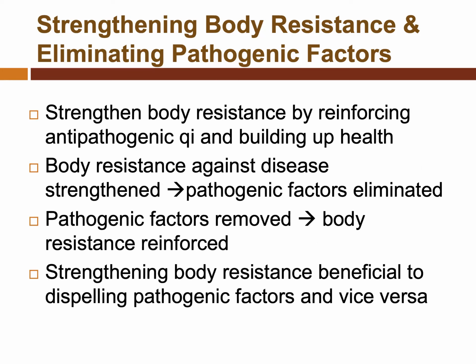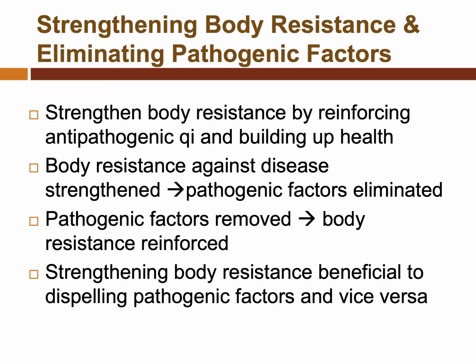So, how should this be done? First, strengthen body resistance by reinforcing anti-pathogenic qi and building up health. This will include our nutrition, rest or enough sleep, enough fluid intake, and the right mindset.